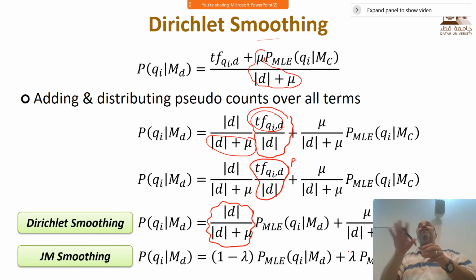Every document will have its own mixture. In Jelinek-Mercer, the mixture is constant: 30% foreground, 70% background for all documents. Here it's different. It depends on the length of the document. That makes it, of course, different.